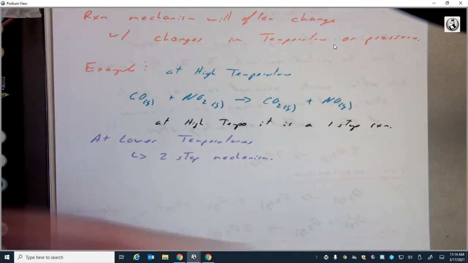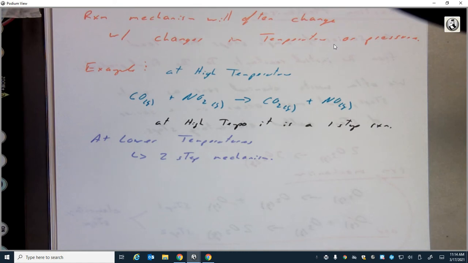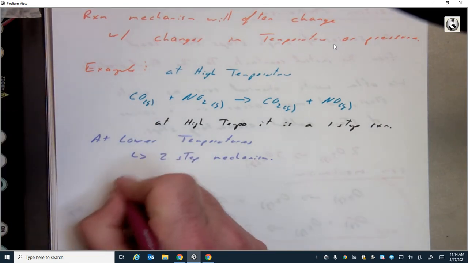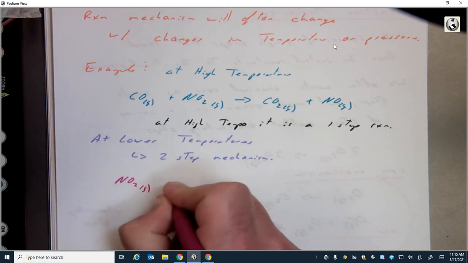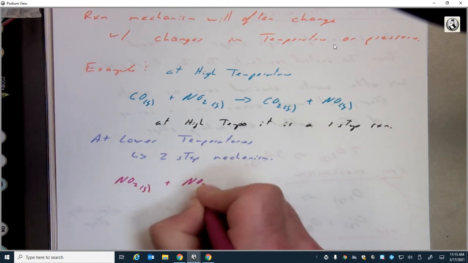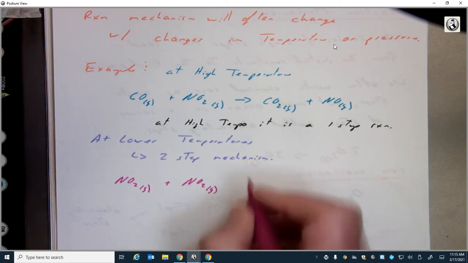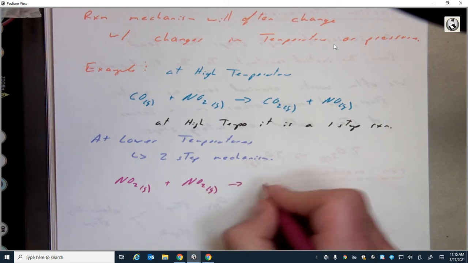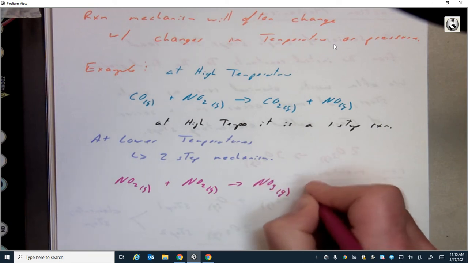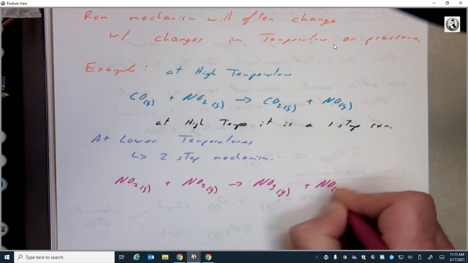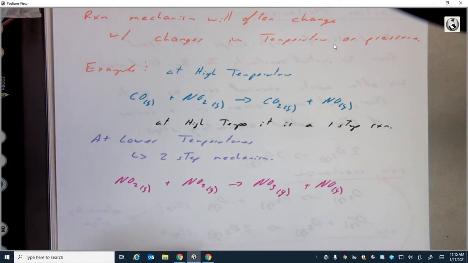And the steps look like this. NO2 gas plus NO2 gas turns into NO3 gas and NO gas.